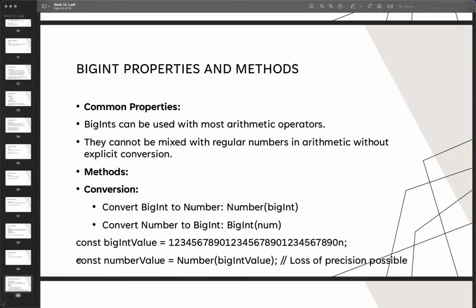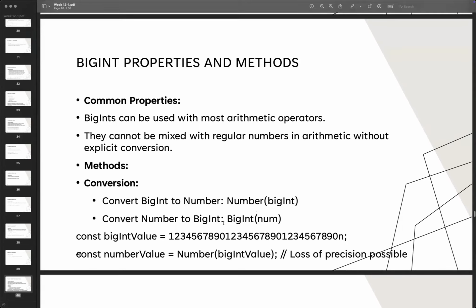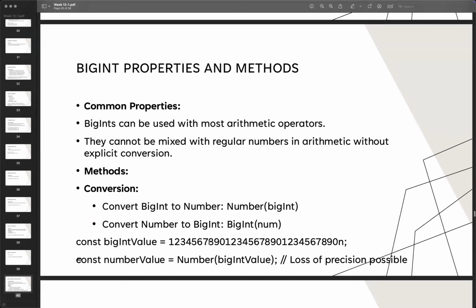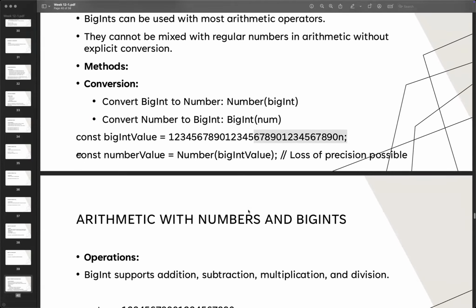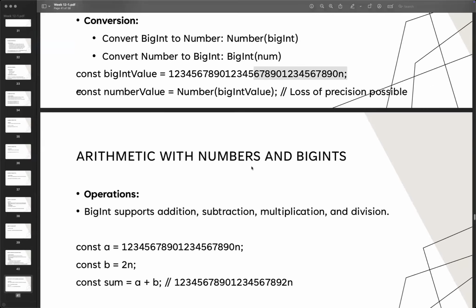Next, we convert a BigInt to a Number by passing it to Number, or convert a number to a BigInt. But here's one thing to be careful about: a BigInt is a longer number, so when you change it to a regular number, we will lose certain digits. It's really possible, so be careful when you have a larger one.